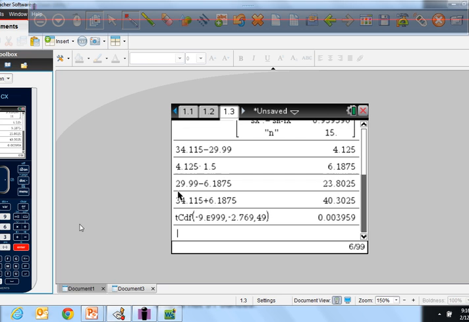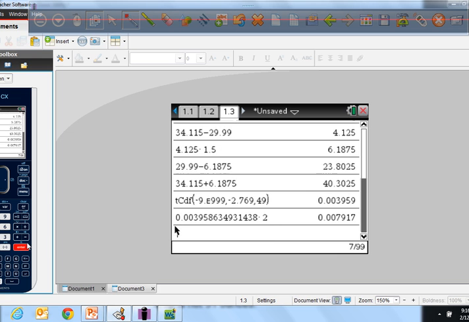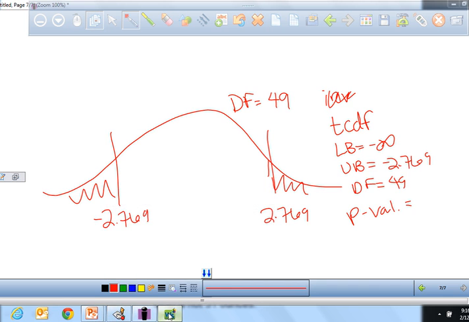And so the calculator will actually give you the exact values. So then we have a p-value of 0.003959. And so I can go up and capture it and say, oh, I need to double it because I have a two-tailed test, which makes my p-value 0.007917. So here I would say my p-value is equal to 0.007917. And then that is still less than my accepted alpha of 0.05, so I'm going to get to reject the null.